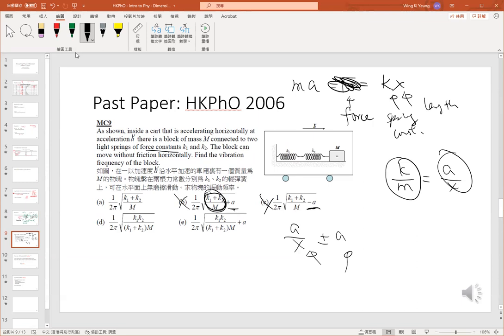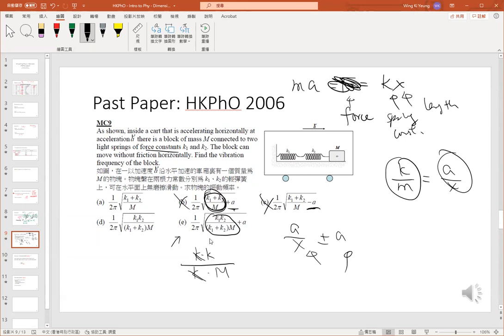And then look at choice E also. This is a bit complicated, but let's have a look at its dimension. It has the same dimension as k times k over k plus k. K plus k still has the dimension of k, times the mass m, so it can cancel out one of the k.